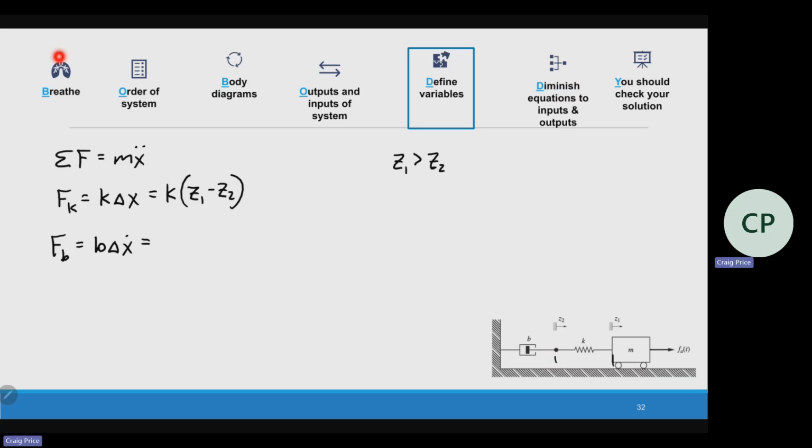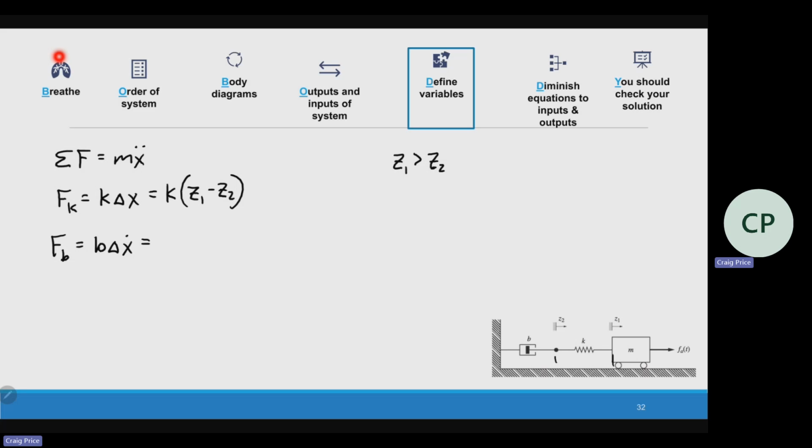Anytime I've got a spring with two ends that can move, I've got to include the delta. And not that I'm just going to have delta in my final answer. I want to expand out. What does delta mean? In this case, to have tension, we said Z1 greater than Z2, so that gives us a positive value.